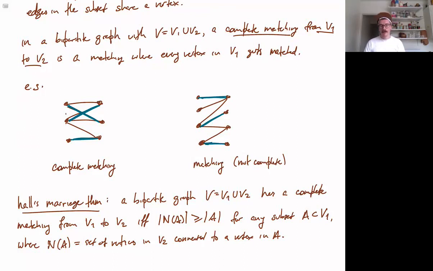We can find a complete matching if and only if the size of the neighborhood of a subset is at least as big as the size of that subset for any subset of V1.